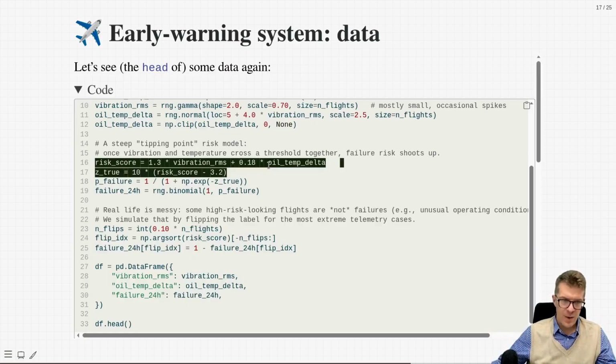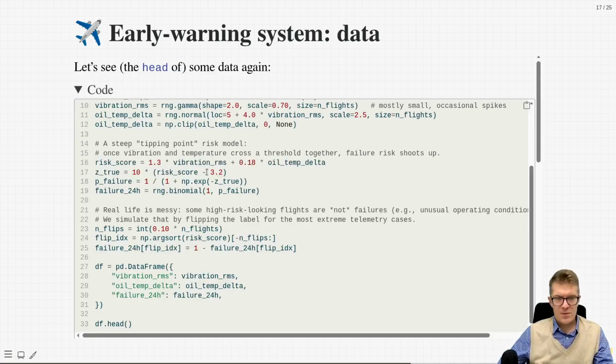It's generating vibrations and oil temperatures, this is a function that describes risk, and I can pass this risk through this sigmoid function. So here's another sigmoid function, and then from the probability I can estimate this binomial distribution that predicts failure within 24 hours.